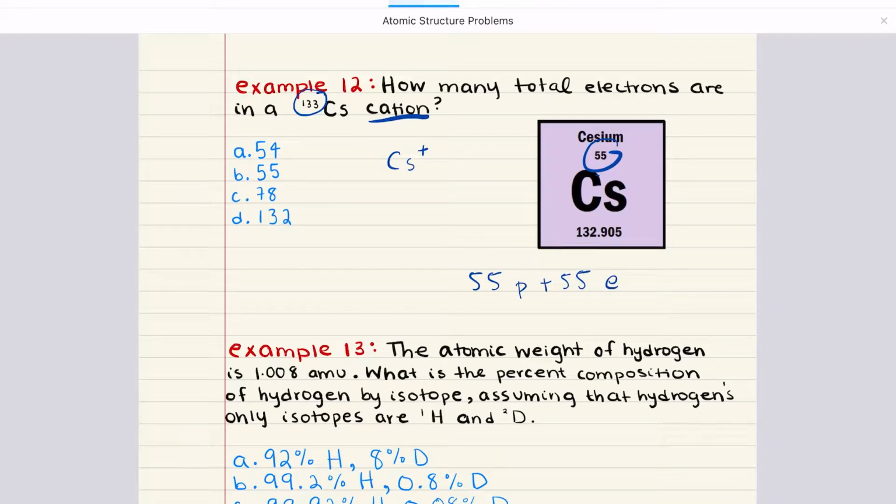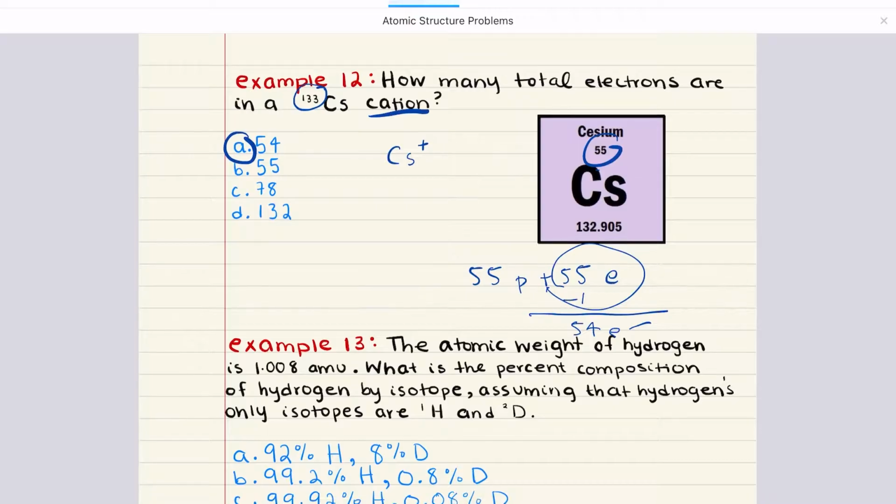But this is a cation and it has a plus charge, which means that the cesium atom has lost one electron, so we subtract one from the number of electrons to get a total of 54 electrons. Therefore, the total number of electrons in this cesium cation is going to be 54, and the correct answer here is going to be A.